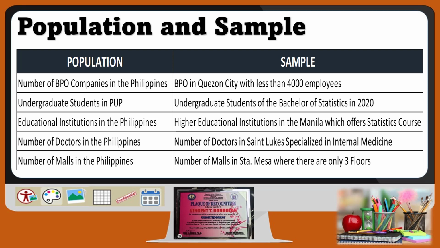Other examples include the undergraduate students in PUP, the educational institutions in the Philippines, the number of doctors in the Philippines, the number of malls in the Philippines, and so on and so forth. There are so many populations, and out of which we need to get only a portion that could represent the population.